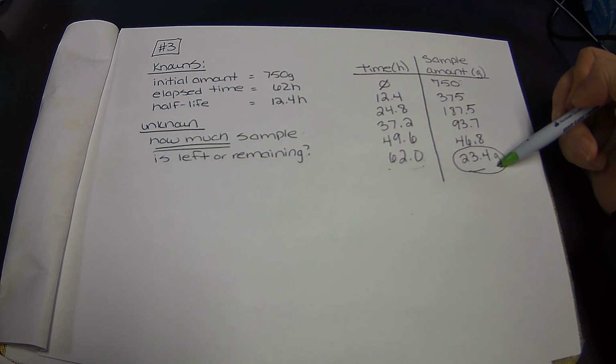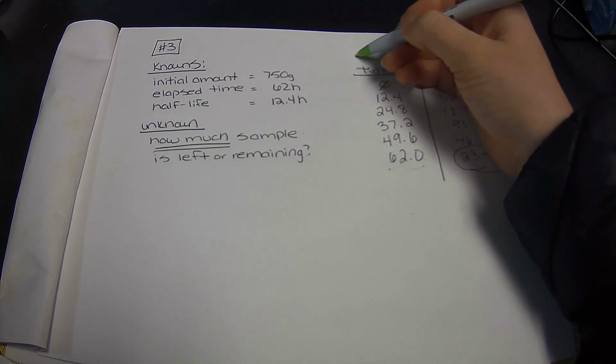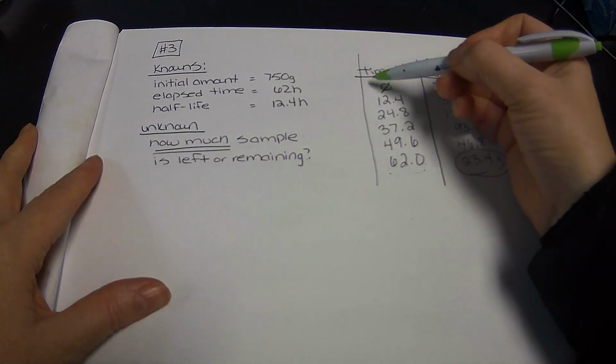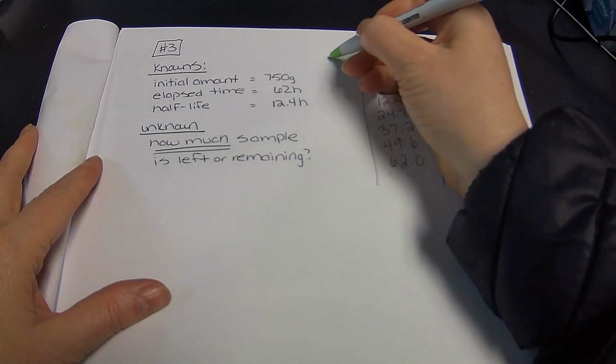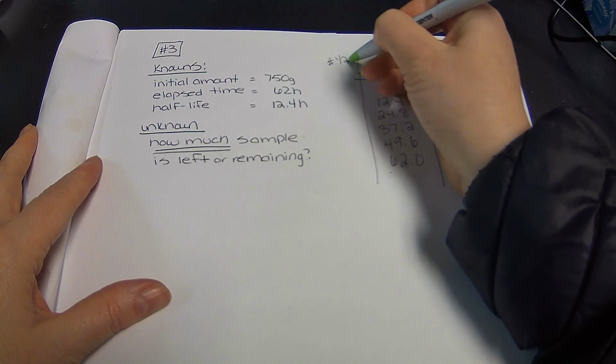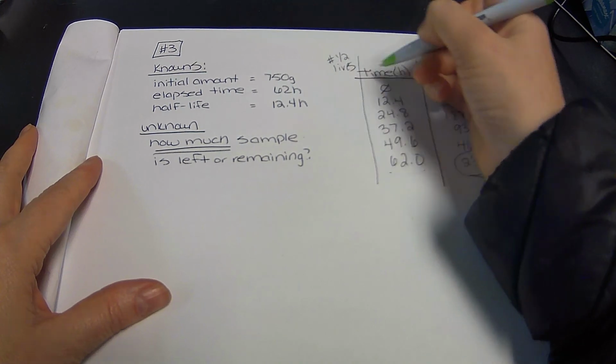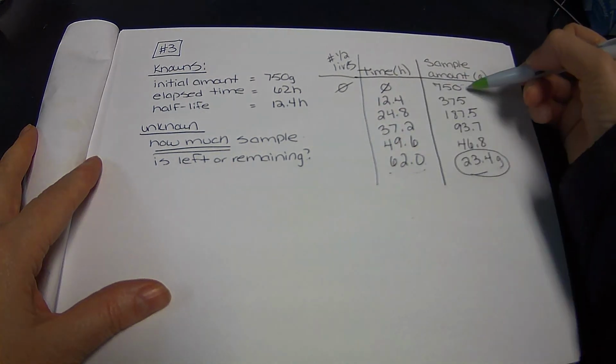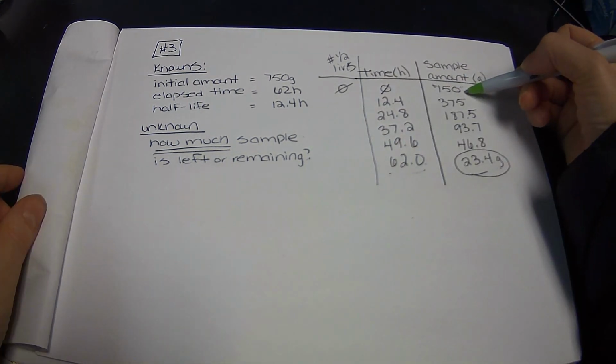If you were curious about how many half-lives have gone by, if that was another type of problem, or they wanted to know at 0, the number of half-lives, when I have 0 half-lives gone by, I had 750 grams to start with.